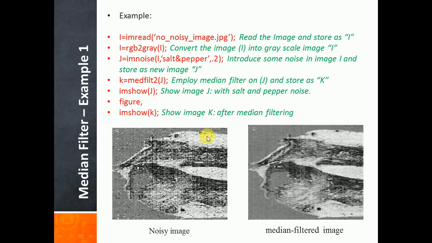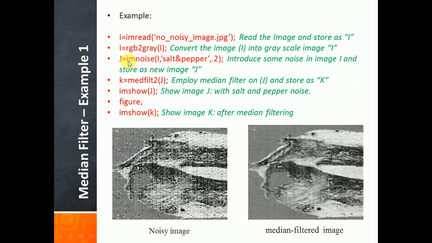As an example, this is your noisy image. It's done the same way. So you read the image, you take the gray values, you introduce salt and pepper noise. This is the salt and pepper noise. You can see that it's black and white. So this is your salt, this is your pepper.